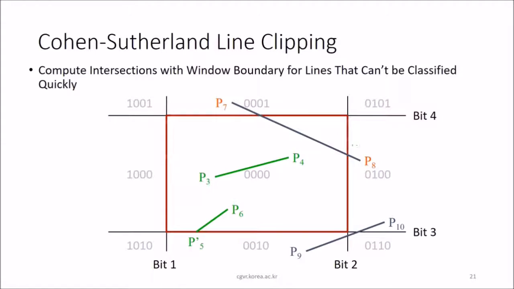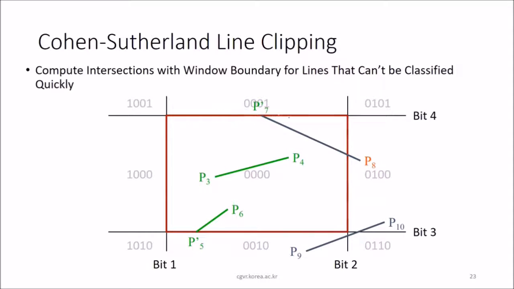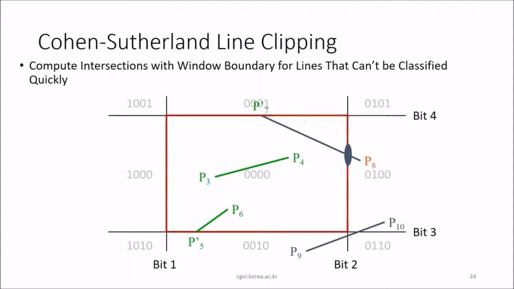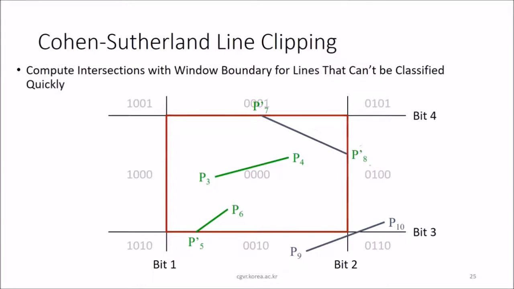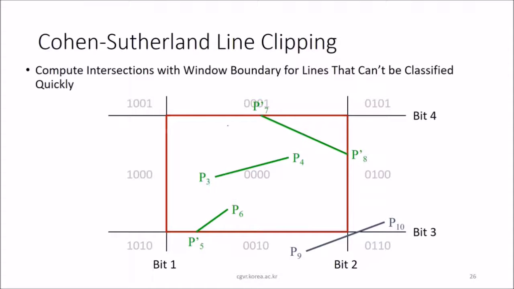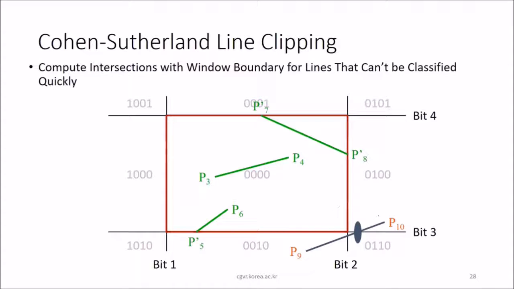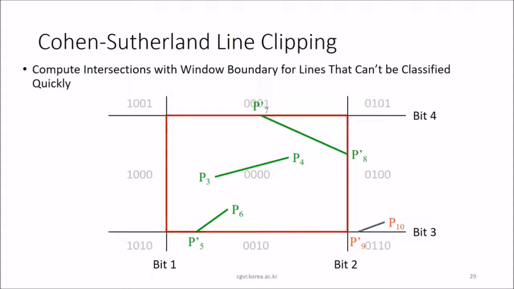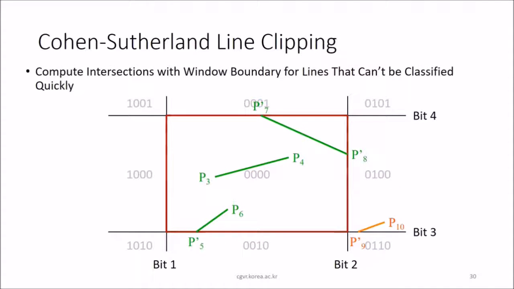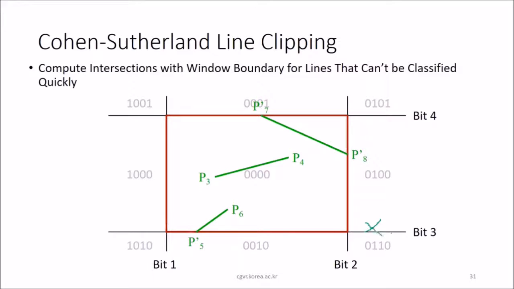Again, with P7, P8, we find this point, that is P7 dash, and P8 dash. Then P9, P10 is lying in three regions, so we find the intersection point. Now it is lying in 0, 1, 0, 0, and we can see that this will also be removed.